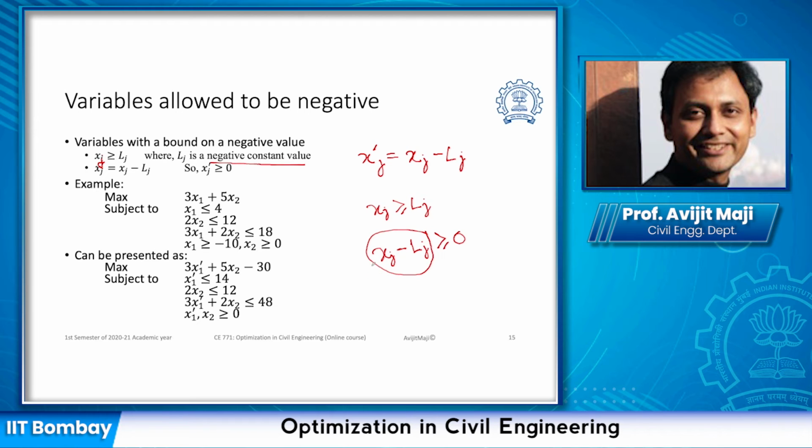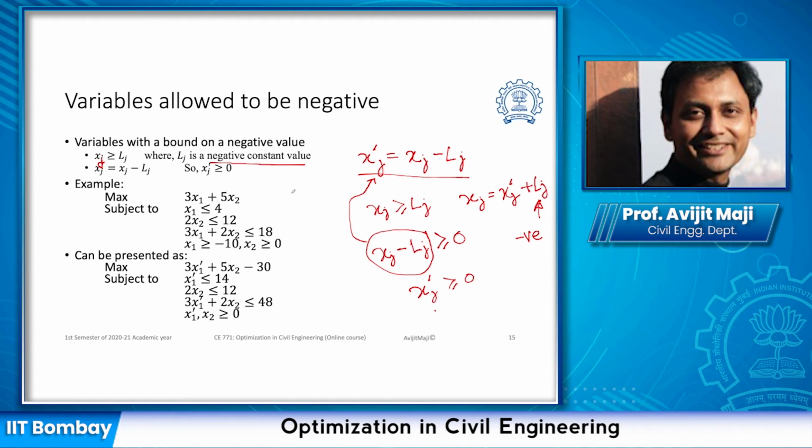If we introduce the dummy variable xj dash to replace this, then definitely xj dash is greater than or equal to 0, and this is what we need in our standard problem. So wherever we have xj, we replace it with this particular term, which means we write xj equal to xj dash plus lj, and lj is a negative number.